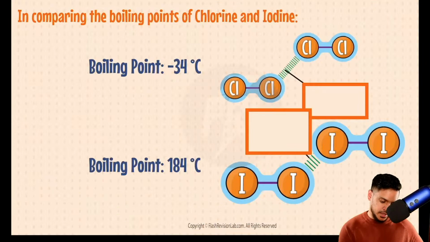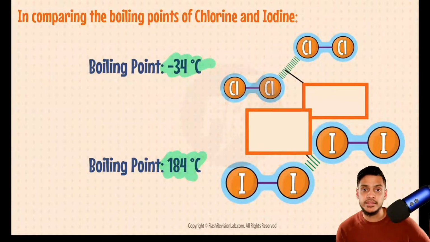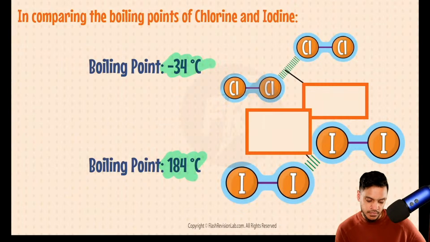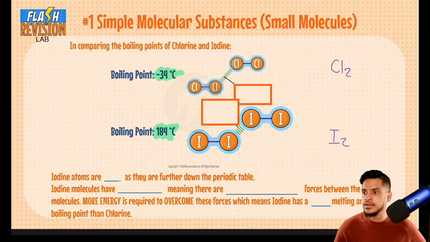So what you can see here is that chlorine is minus 34, whereas iodine is 184 degrees, okay? But they're both simple molecular substances. The reason why is because iodine is bigger than chlorine.